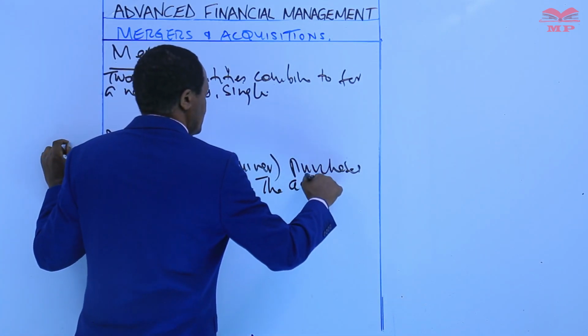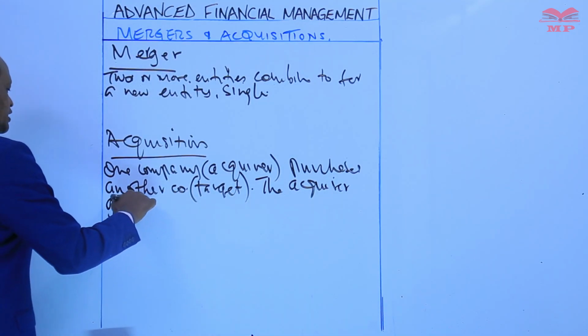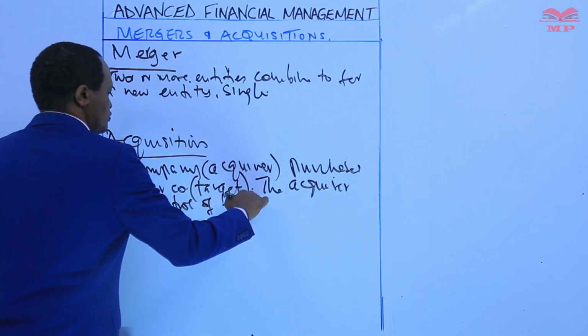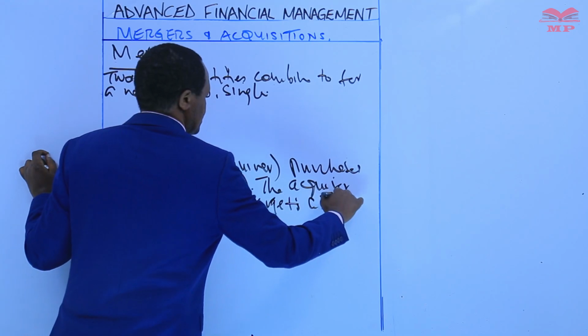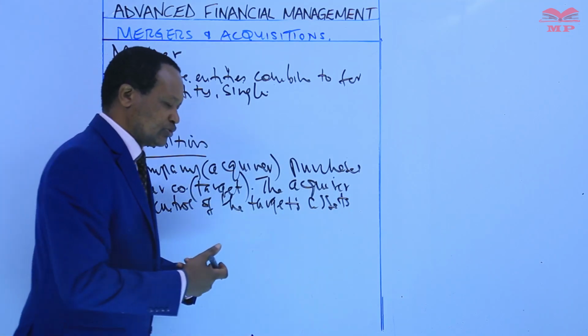The acquirer gains control of the target's assets, liabilities, and operations. So in an acquisition, the target company may exist as a separate entity, or it may be absorbed into the acquirer's operations.